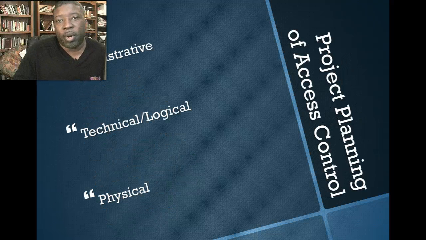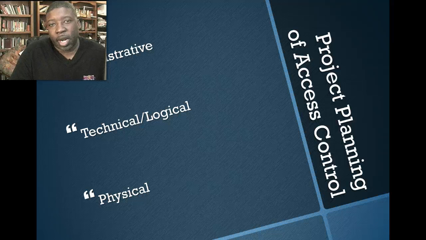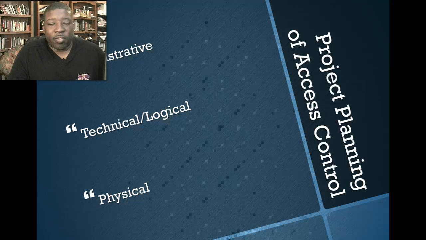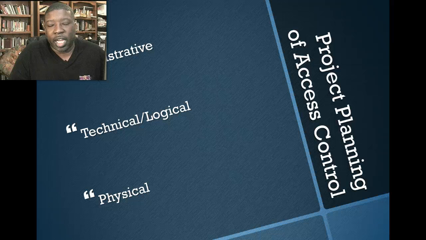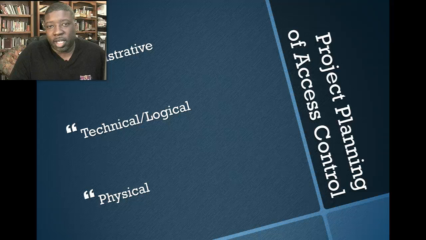So this is really important as it relates to project planning of an access control or access management project. You have administrative, right? Technical, logical, physical. So your administrative aspect to this means that it should come from a policy. It should come from your senior leadership or your C-levels.